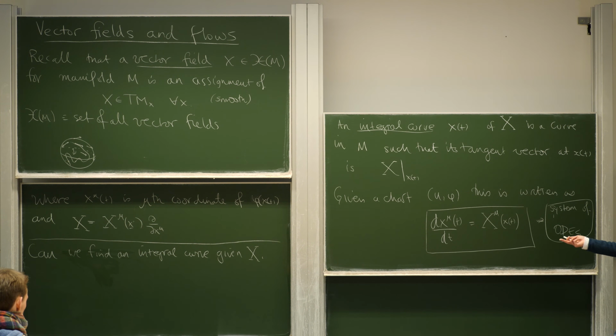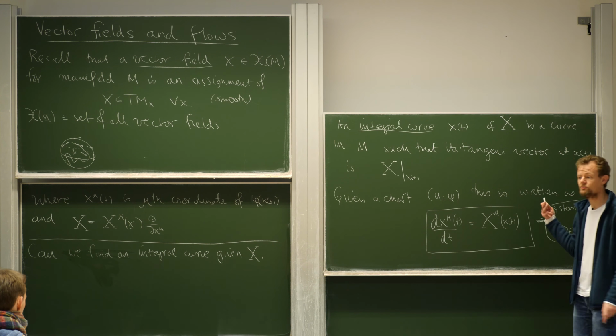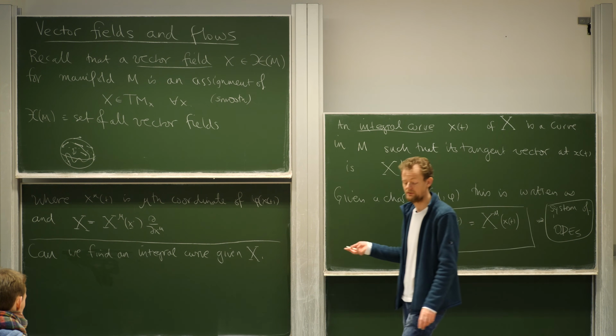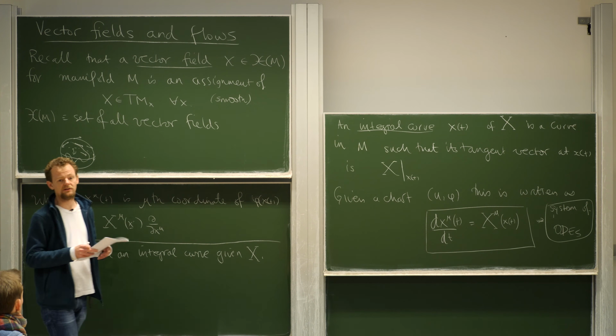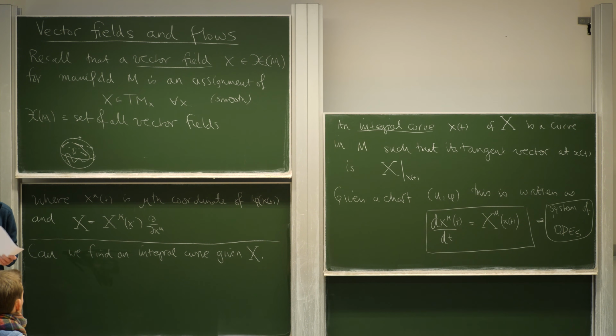Does there exist a solution to that system of ODEs? Is that solution unique? And does it exist for all time? We can give a partial answer to this in the case of non-compact manifolds, and a pretty complete answer in the case of compact manifolds without boundary.